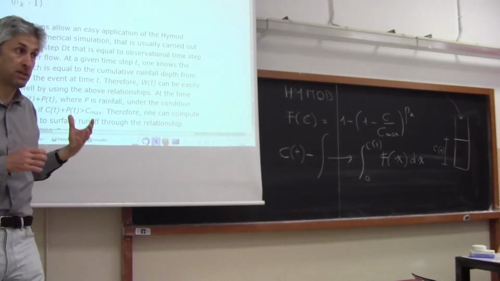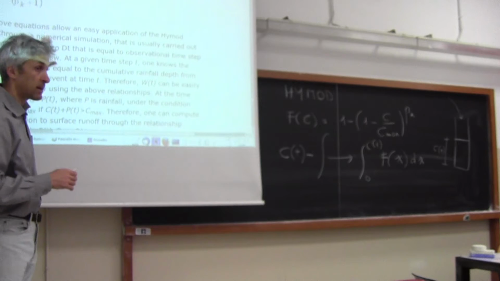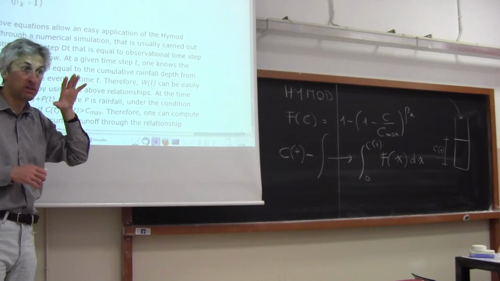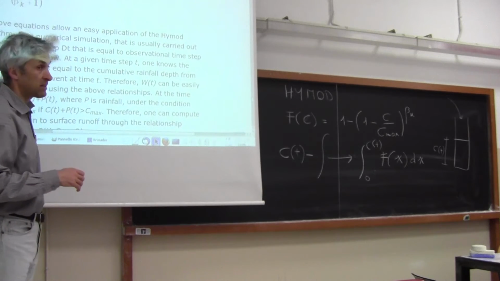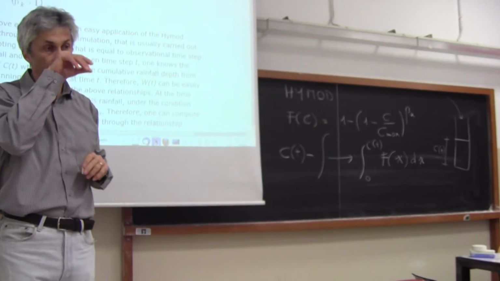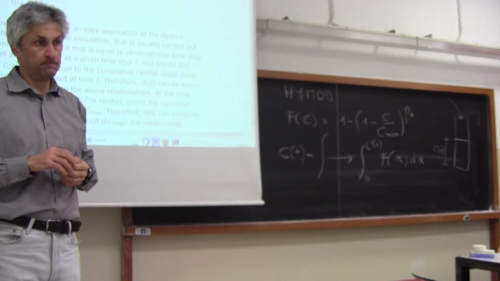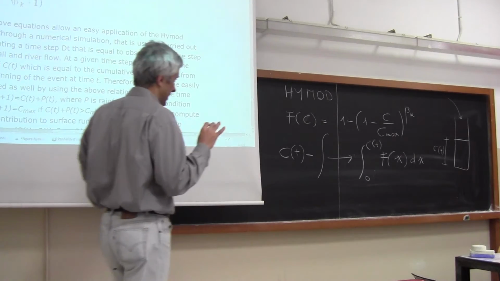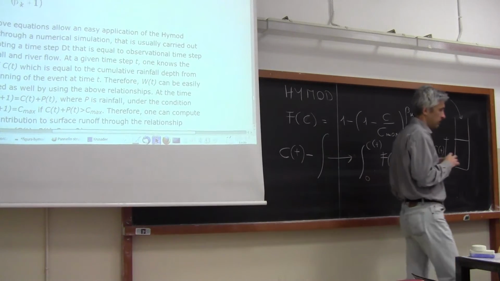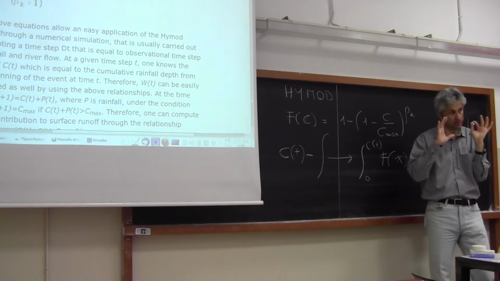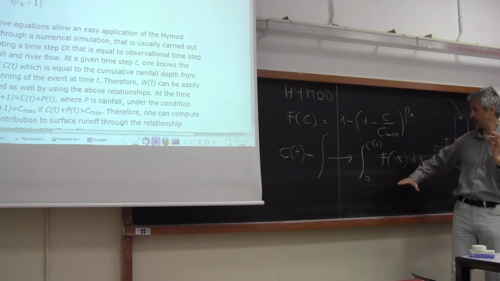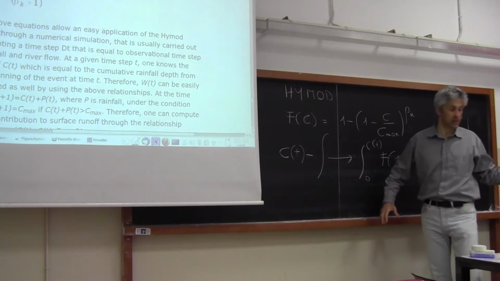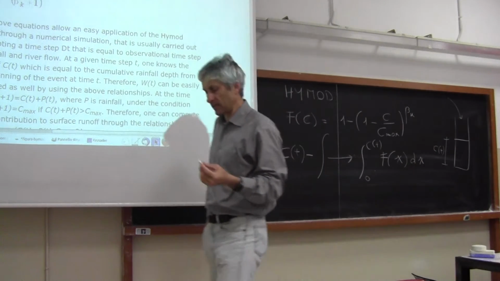Beta is a parameter to be calibrated, and when you calibrate the model, you obtain beta values that are different from 0. This is where we are. I hope it's clear that the integral of f gives the surface runoff. And this is, as I said, the key step.